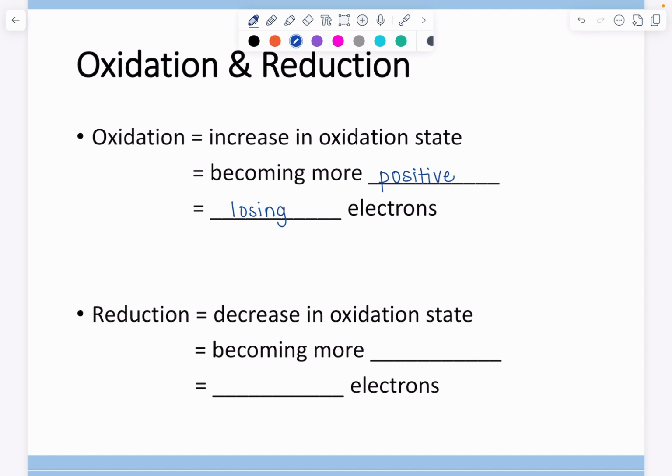Reduction refers to a decrease in oxidation state or becoming more negative, and that is achieved through gaining electrons. So in all redox reactions, electrons are transferred. The thing that loses electrons is oxidized. What gains electrons is reduced.